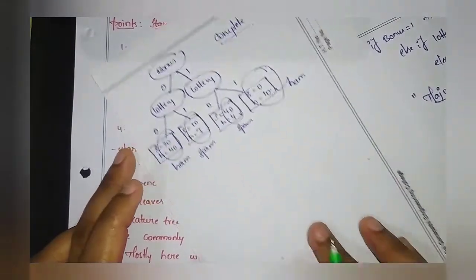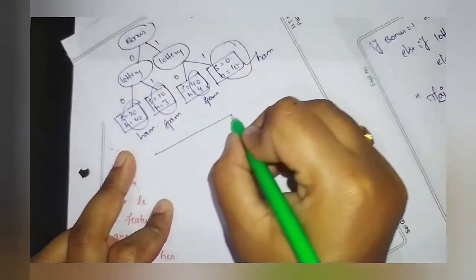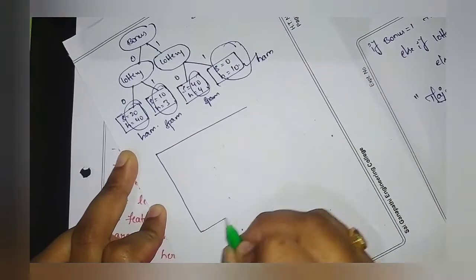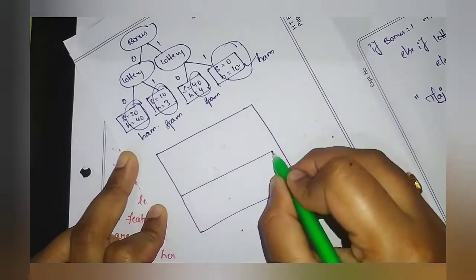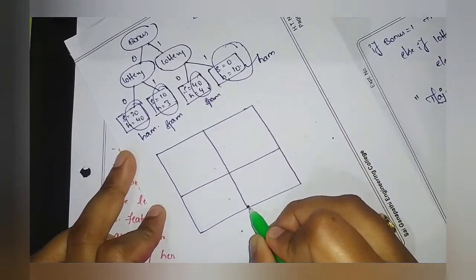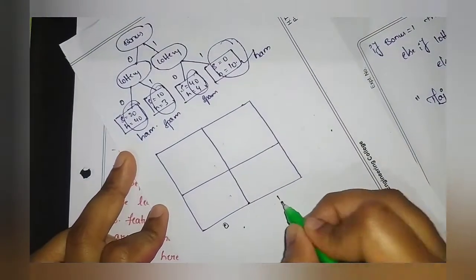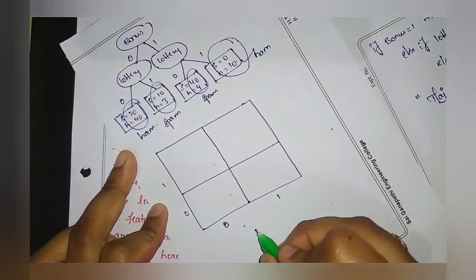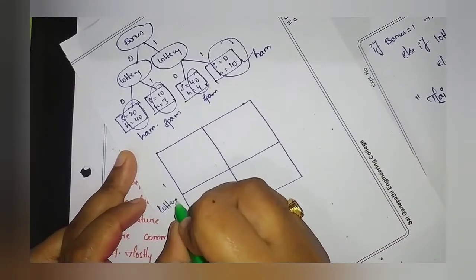Now for this we'll be doing the instance space segment. How will we get that? For a complete feature tree, we'll be filling all 4 quadrants. This is 0 1 and 0 1. This will be bonus, and this is lottery.